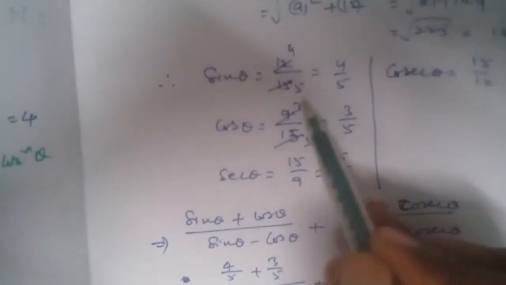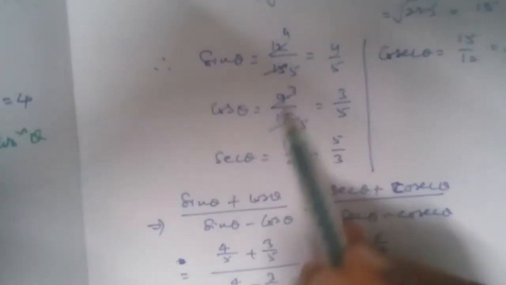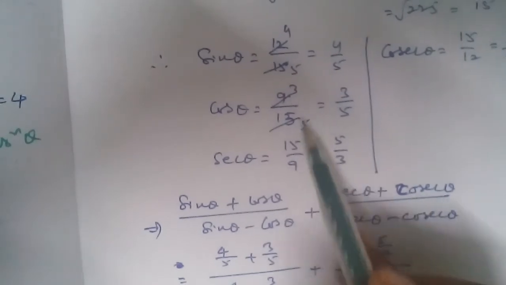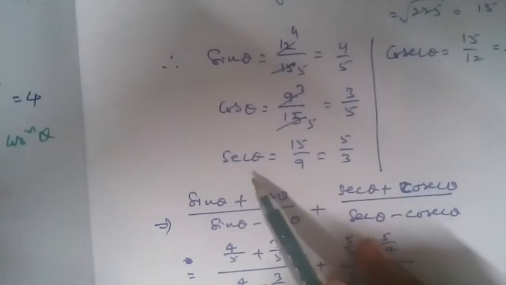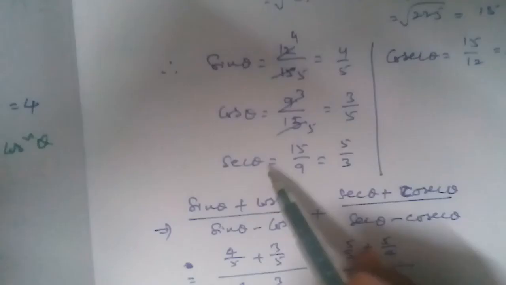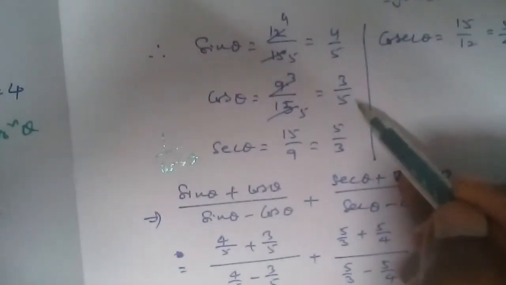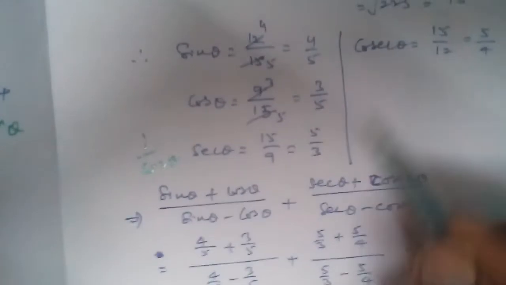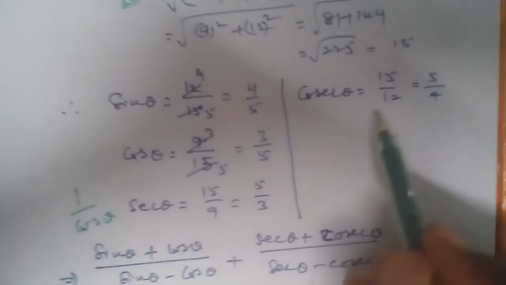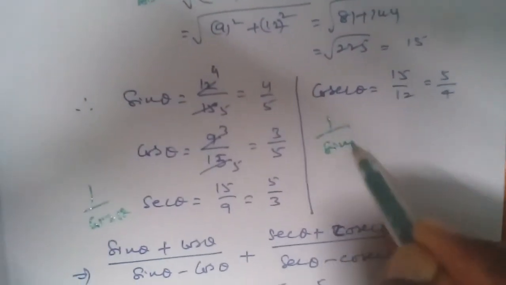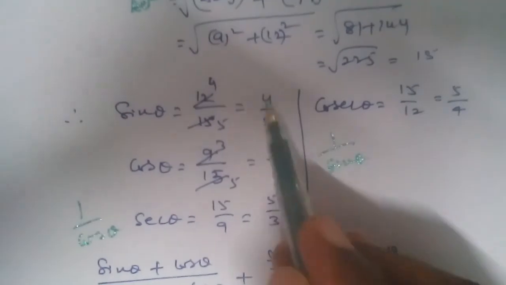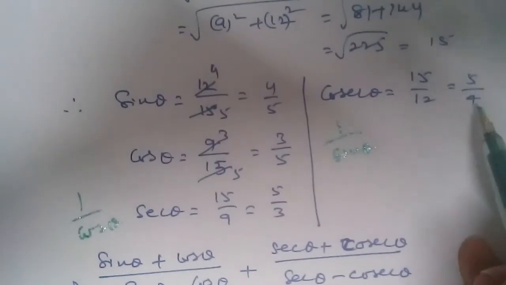So 3 gets cancelled, 4 by 5. Cos theta means adjacent by hypotenuse. 3 gets cancelled, 3 by 5. Secant theta means 1 by cos theta, that means the reciprocal of cos theta, 5 by 3. Cosecant theta means 1 by sin theta, the reciprocal of sin theta. 4 by 5 reciprocal is 5 by 4.